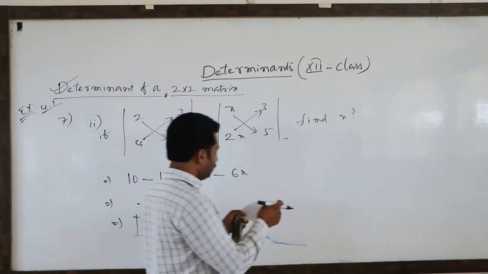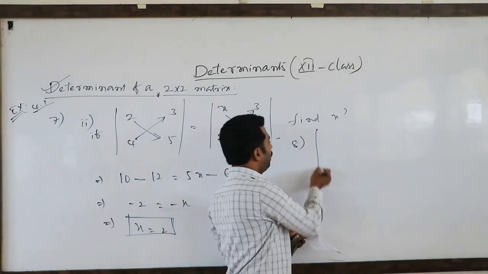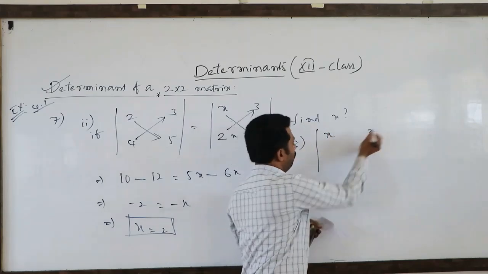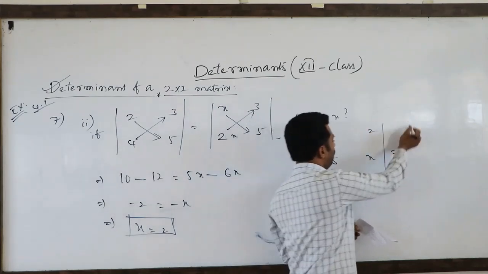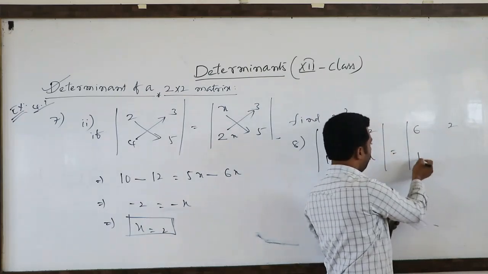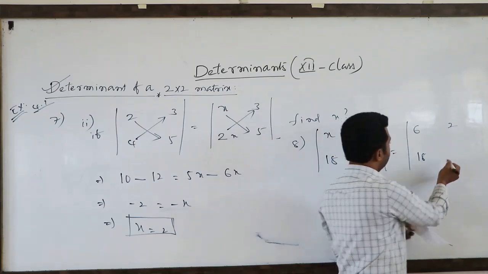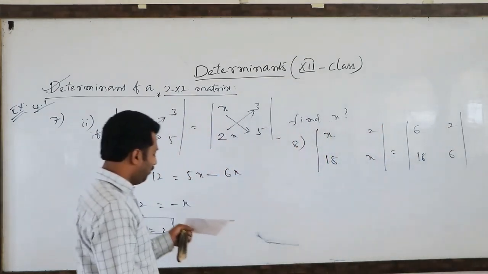Similarly, 8th question you observe: determinant of x, 2, 18, x is equal to determinant of 6, 2, 18, 6. Then find the value of x.